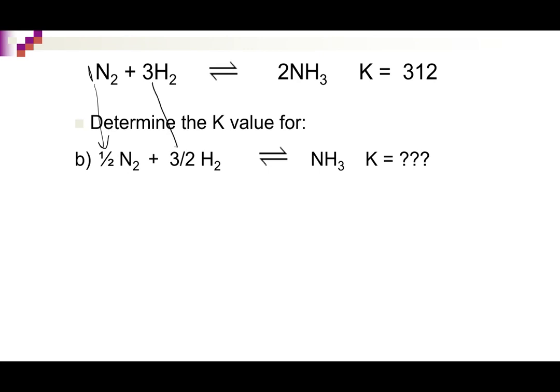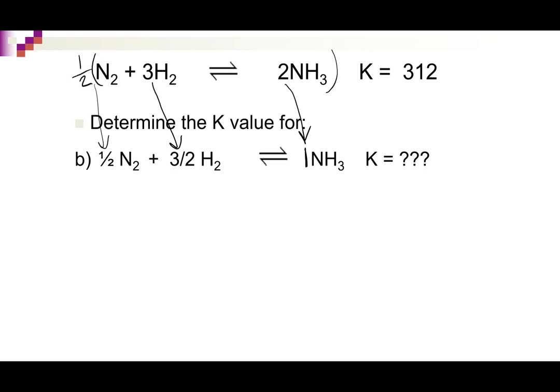And 3 to 3 over 2, we divided it by 2. And then 2 to a 1, we divided it by 2, okay? So essentially, we multiplied this equation by 1 over 2 or by 0.5, okay?